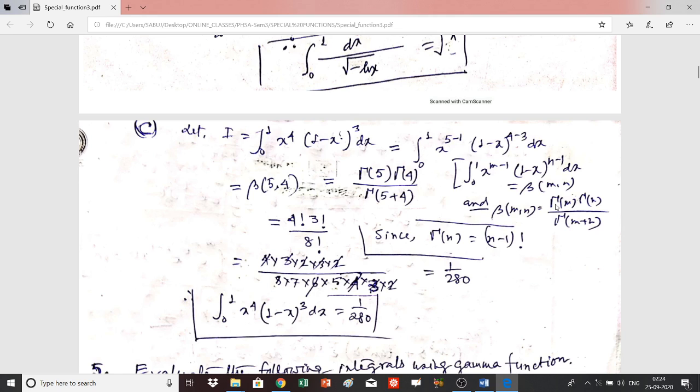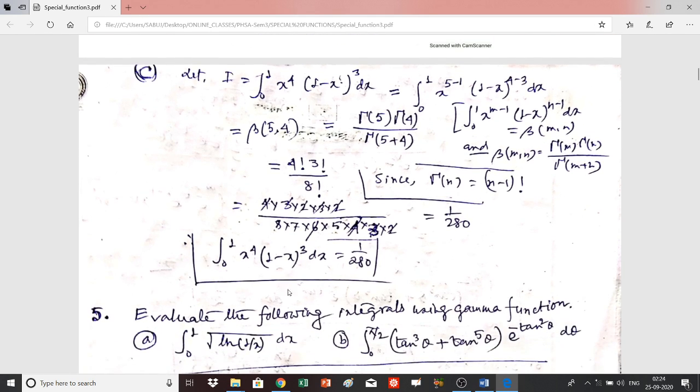All of these have been calculated in our previous lectures. So just write gamma 5 as 4 factorial, gamma 4 as 3 factorial, and gamma of 4 plus 5, that means 9, as 8 factorial. After computing these, you will get 1 by 280.